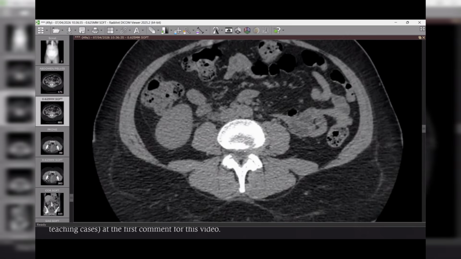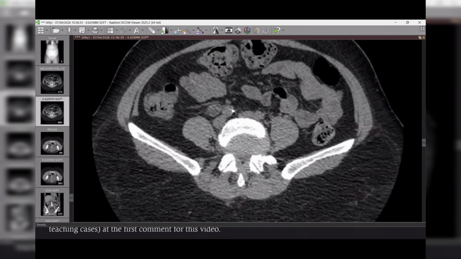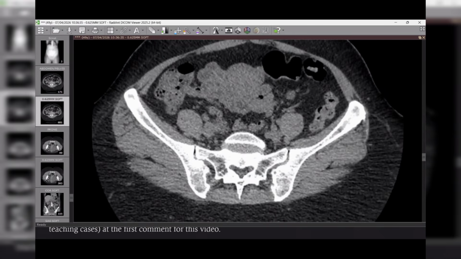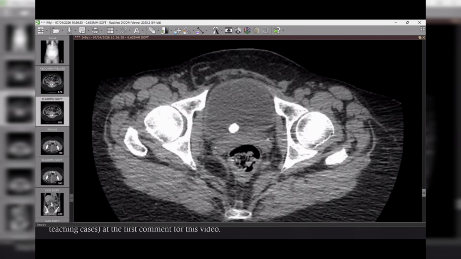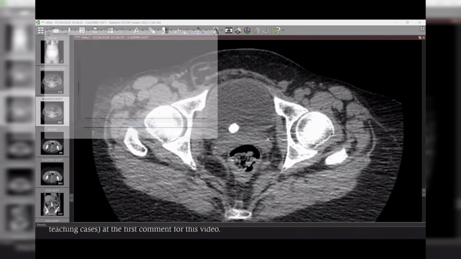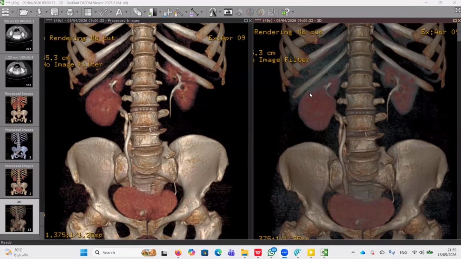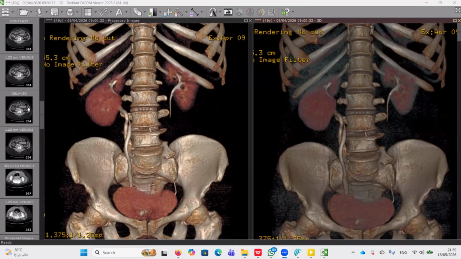I thought this may be a duplex kidney with complete duplication of the ureter, and a stone in one of the ureters on top of a ureterocele. So we did a CT post-contrast urography for the same patient, and as you can see here, we have complete duplication of the right ureter, and a ureterocele with a stone. So it's very clear now that there is a duplex right kidney.